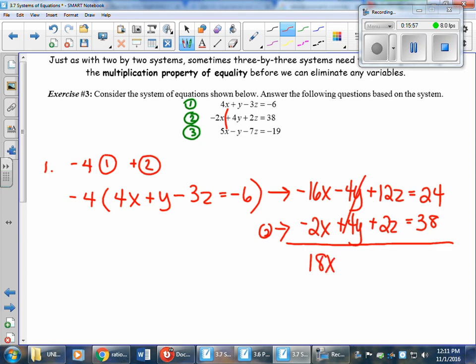I get 18x plus 14z is equal to 62. Okay, my mistake, it should be a negative 18x, right? Negative 16 minus 2. Something silly like that can throw your whole game off. All right, so there's my first one. So let's call this one 4. All right, so that's 1. So this one I'm talking about.